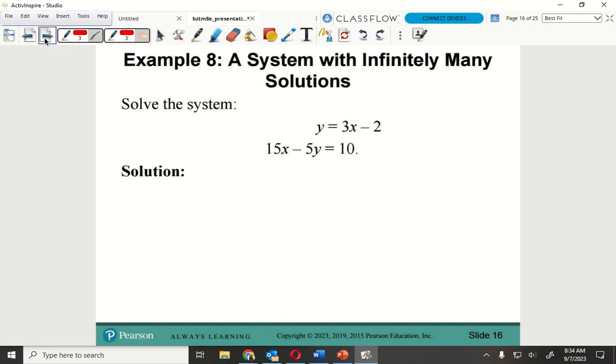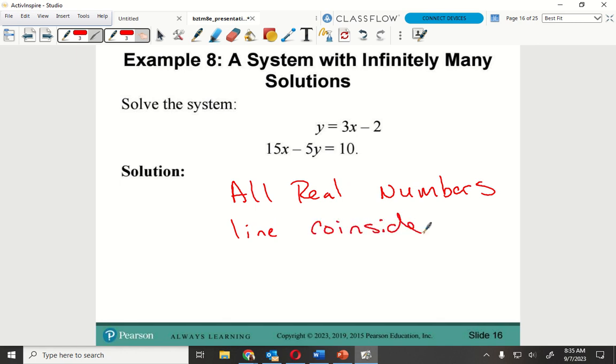This one right here would be a problem with infinitely many solutions. A couple things that you would write for this one is all real numbers. Lines coincide, because the lines are on top of each other.